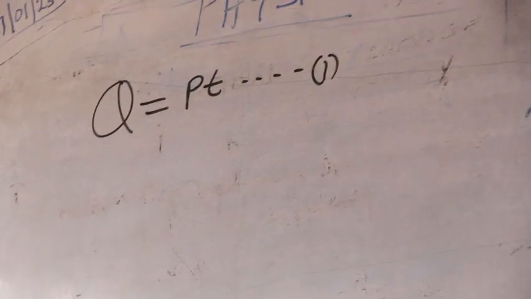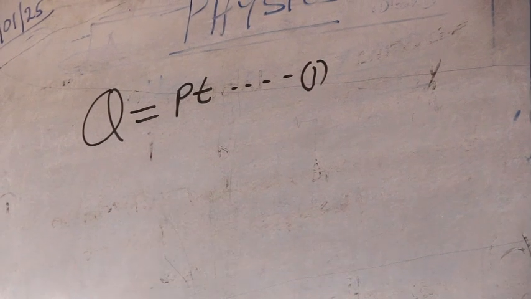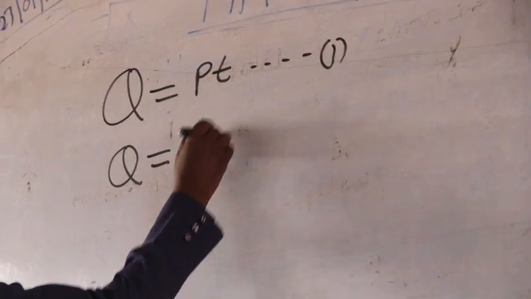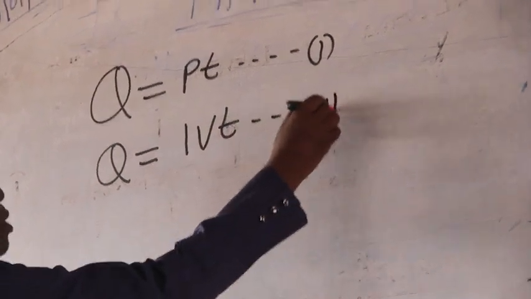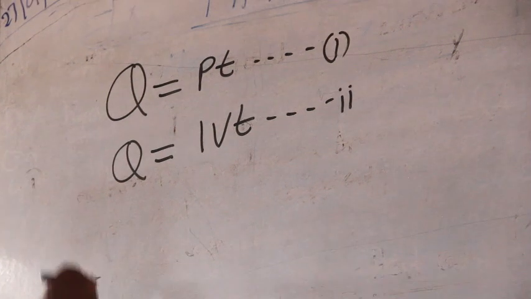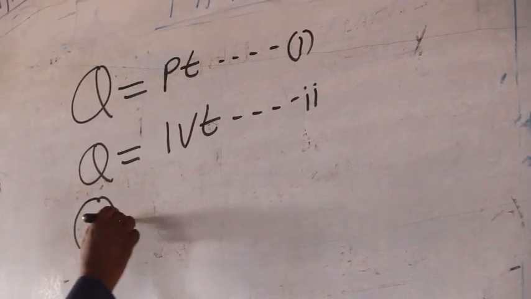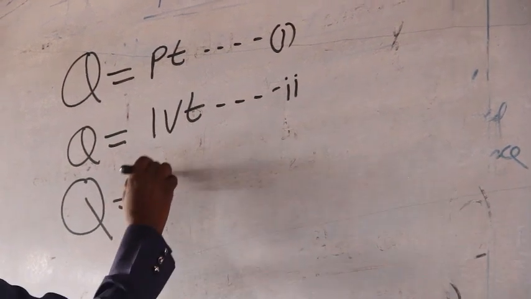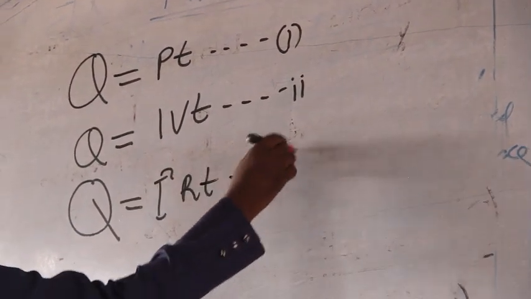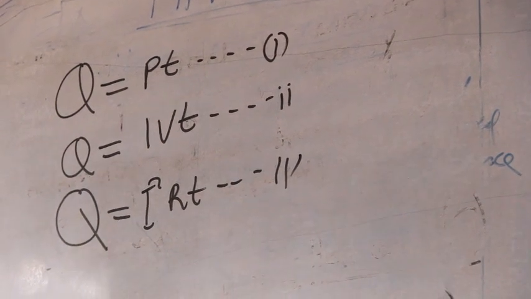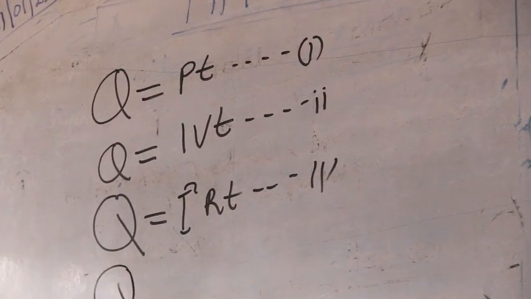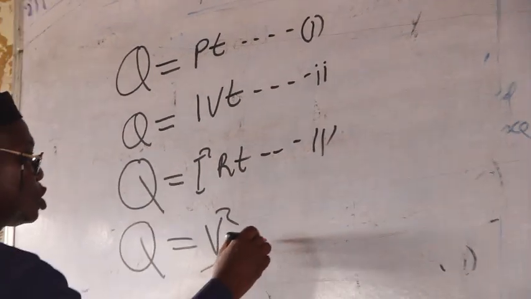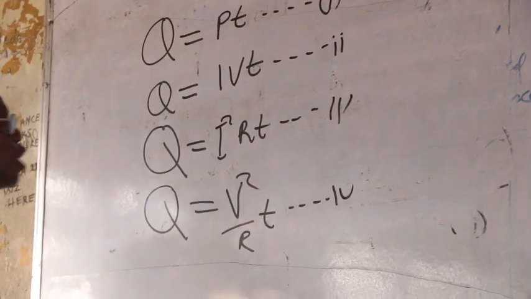That is power times time. We can also say Q equals IVT. That's another equation for a heater. We can also say Q equals I squared RT. That's another expression for a heater. Then we can say Q equals V squared over R times T. That's another expression for a heater.